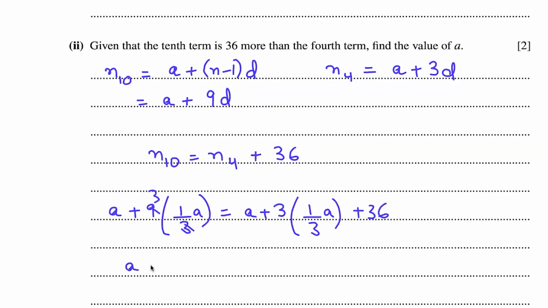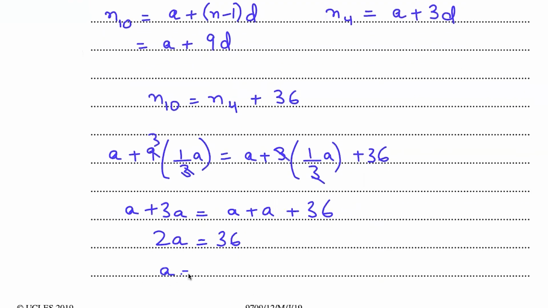So this will become a plus 3a is equal to a plus 36. So 4a minus 2a will be 2a is equal to 36, which will give us a is equal to 18.